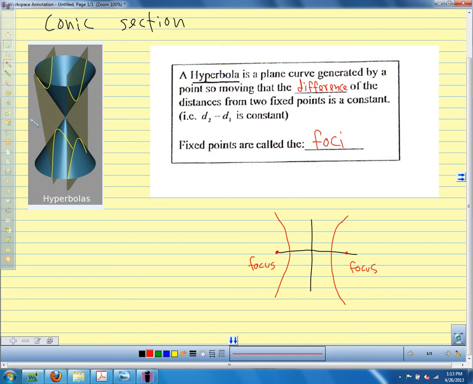What this is telling us is that if I look at this distance and this distance, so here's a point on my hyperbola, and I call this one D1 and this one D2. This is telling us that D1 minus D2, those two distances, if I subtract one from the other, I get a constant.